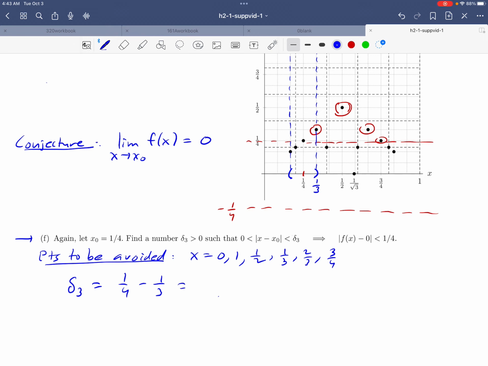I'll leave it to you to do the arithmetic here. If you subtract those two fractions, you get 1/12, and that's our answer. So we have just demonstrated graphically that if we take x values satisfying this inequality, with delta 3 equal to 1/12, all of our outputs are going to be within 1/4 of 0.